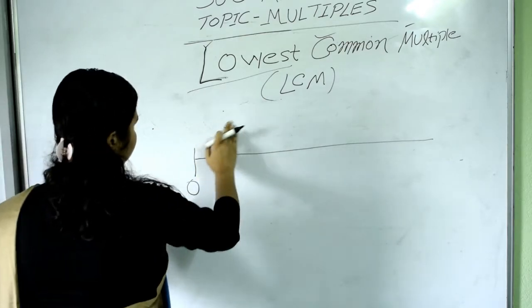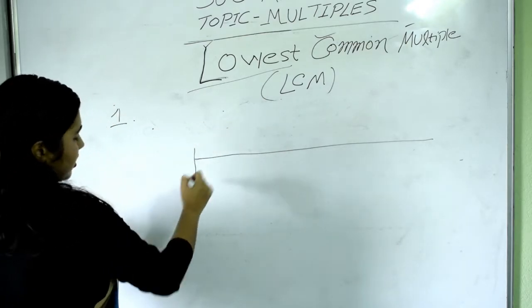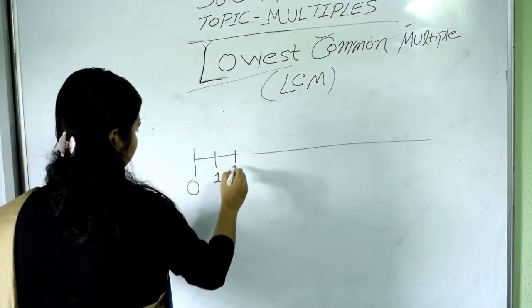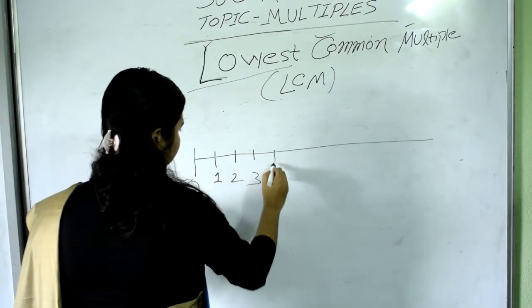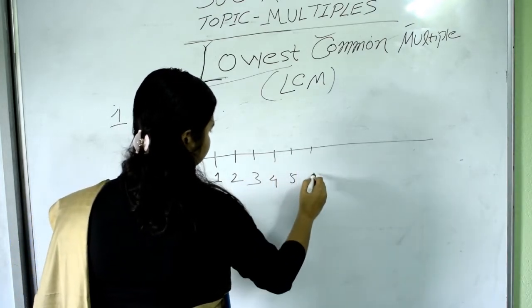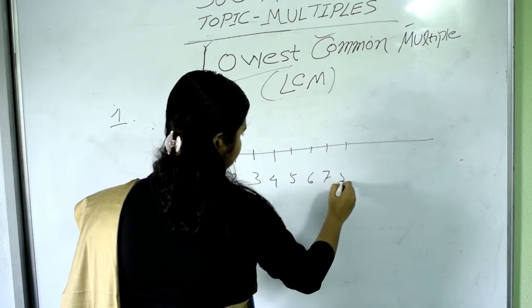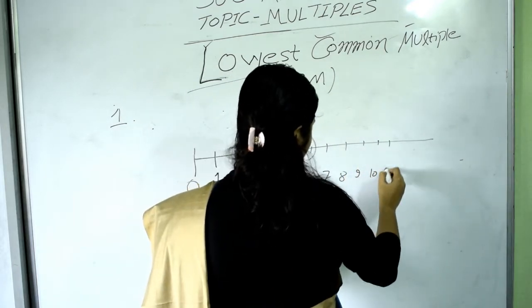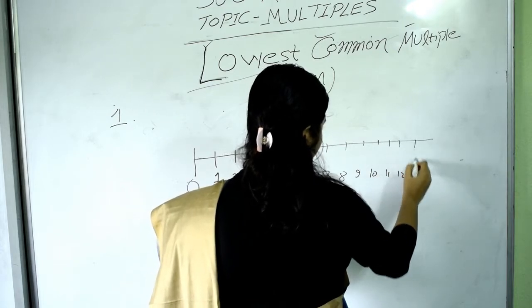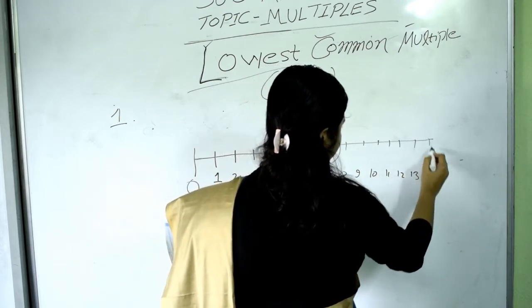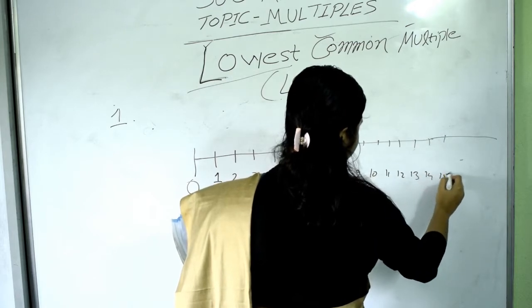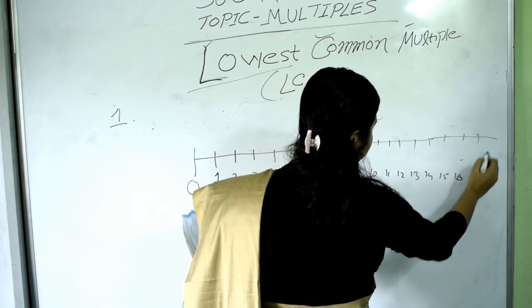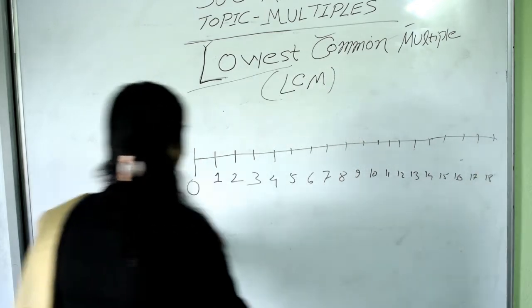So that's why we are starting from 0. So this is 1, 2, 3, 4, 5, 6, up to 18.